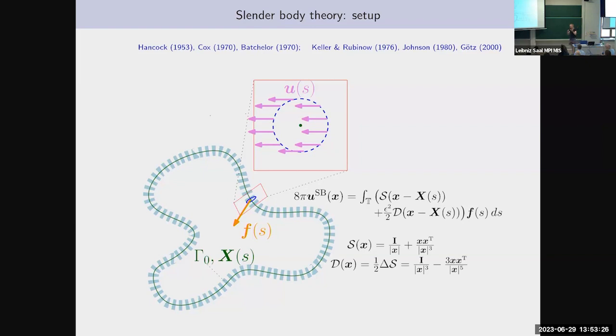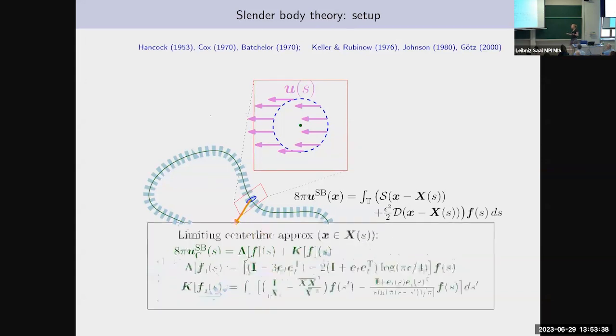If you want an approximation for the velocity of the filament itself, you can't directly evaluate on the filament center line because this is singular there, but you can perform an asymptotic expansion about epsilon equals 0, and then obtain an expression that gives you an approximation to the velocity of the filament itself, given a force density along that filament.